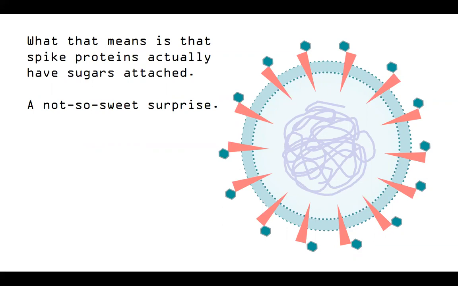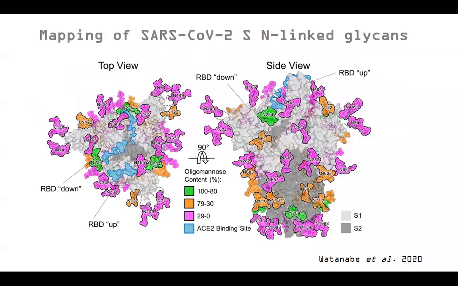I want to show you guys a picture from a recent publication that actually mapped the positions of glycosylation in linked glycans on the spike protein. This is the top view of the spike protein as if you're looking down into it, and this is a side view.